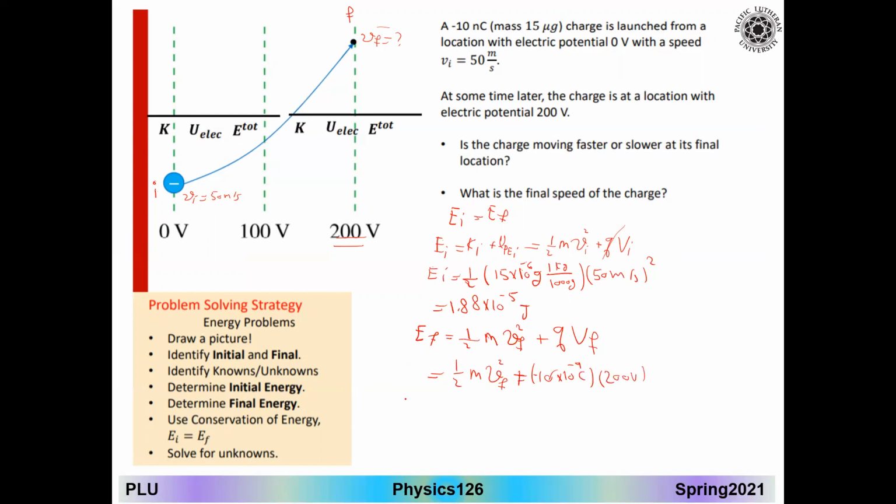Then we're going to use the initial energy equal to the final energy. I have here 1.88 times 10 to the minus 5 joule. That's equal to a half M, which is 15 times 10 to the minus 9 kilogram.